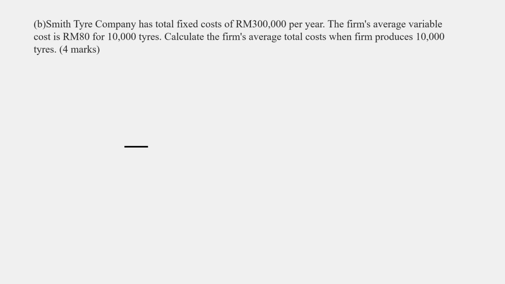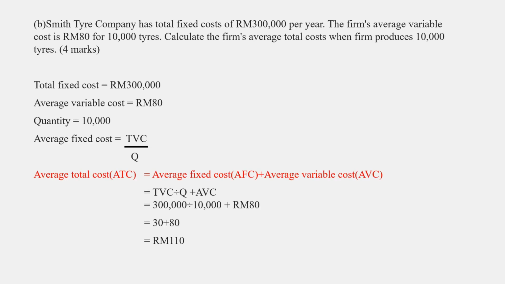B. Smith Tire Company has total fixed cost of 300,000 ringgit per year. The firm's average variable cost is 80 for 10,000 tires. Calculate the firm's average total cost when the firm produces 10,000 tires. The total fixed cost is 300,000. Average variable cost is 80 ringgit. The quantity is 10,000.